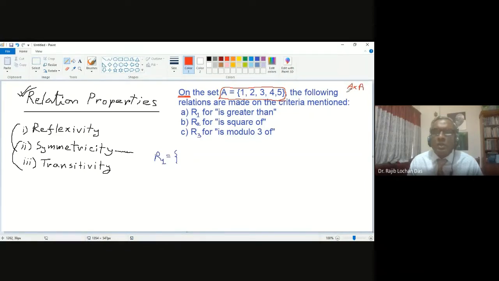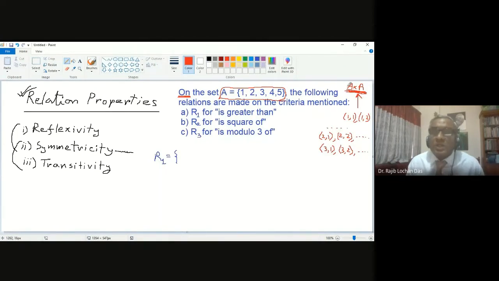This thing you will understand in the beginning. What is your Cartesian product? When you are sure about the Cartesian product, then you understand what can be the elements inside. The elements can be (1,1), (1,2), (1,3) and so on, and again (2,1), (2,2), (2,3) and so on, and also (3,1), (3,2), (3,3) and so on.